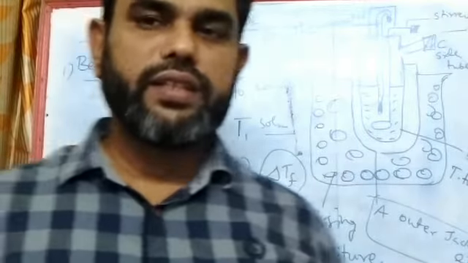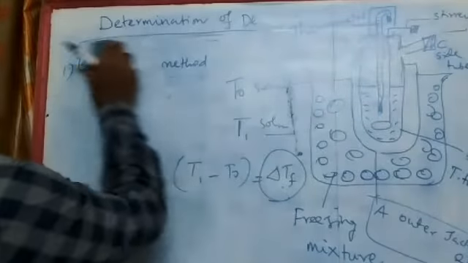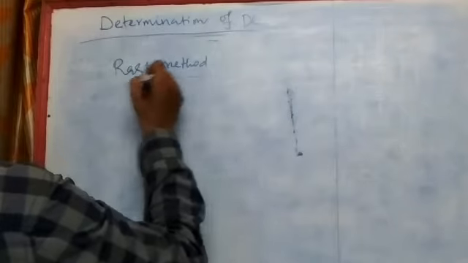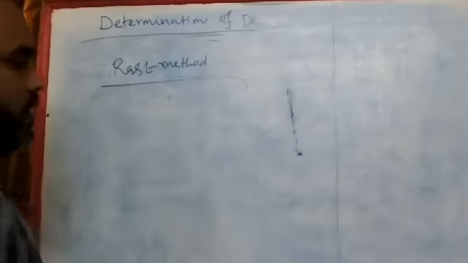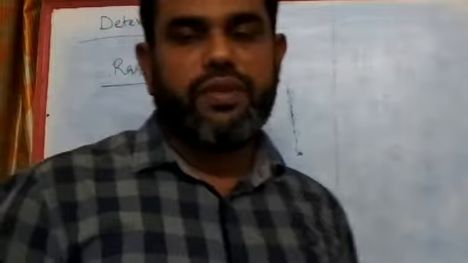Now let us go to the next method, which is much simpler than this one. This is the Rast method, in which depression of freezing point can be determined.